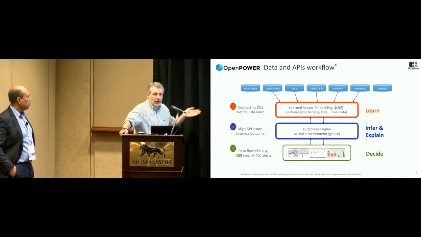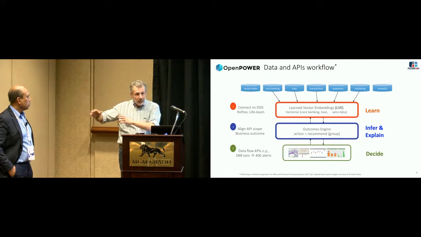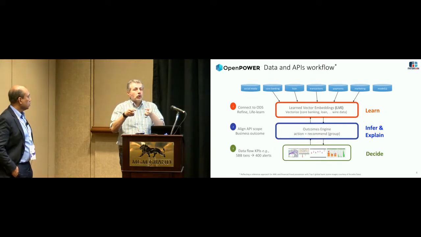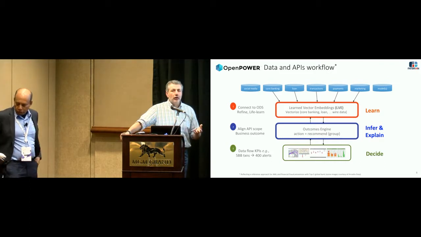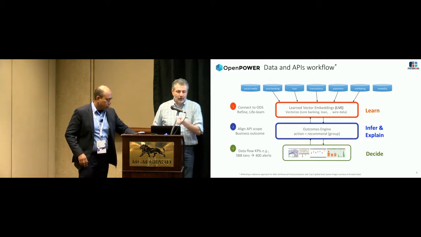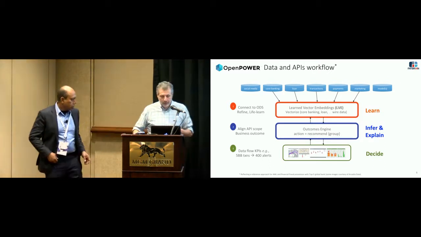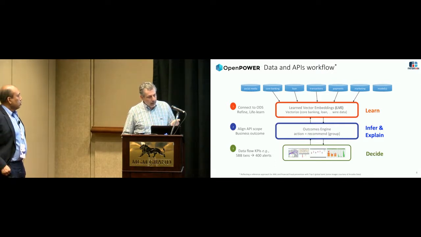So we don't create another data set from many data lakes. We simply look at it as an index of learnings. So if transactional data had smiles and frowns, you can think of the whole thing as simply learning the smiles and frowns of your transactions. So that's what the learned vector embeddings is all about.